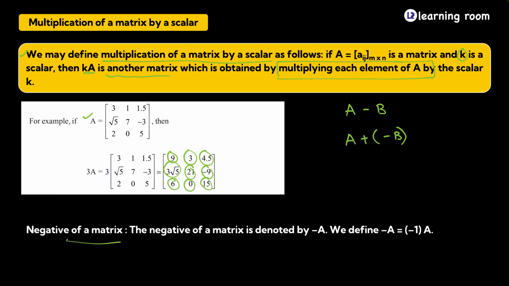The negative of a matrix is denoted by minus A, and it is obtained by multiplying the matrix with a scalar quantity of minus 1. So from the matrix B, you get minus B by multiplying it with minus 1. Then you add this matrix to A. This is what is called the difference of two matrices, which is going to be the next topic that we'll discuss. I hope I'm clear. So you can make a note of this.